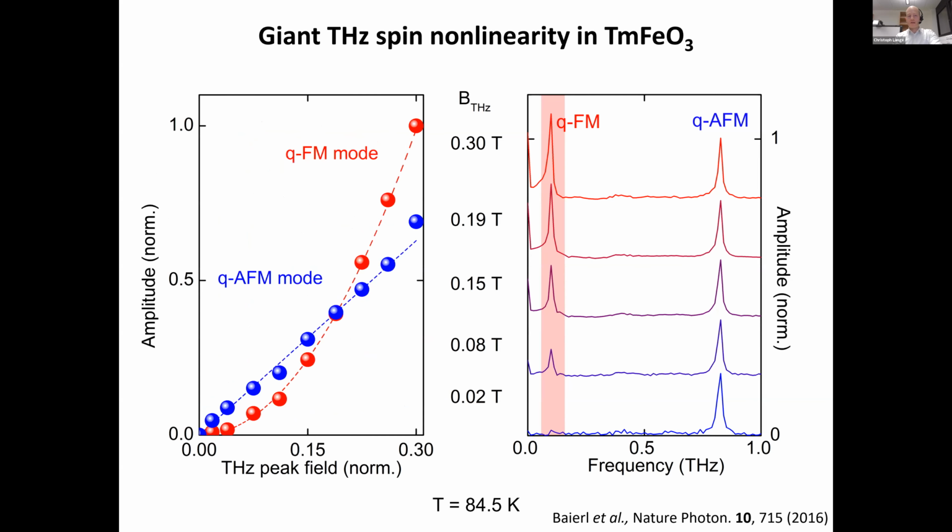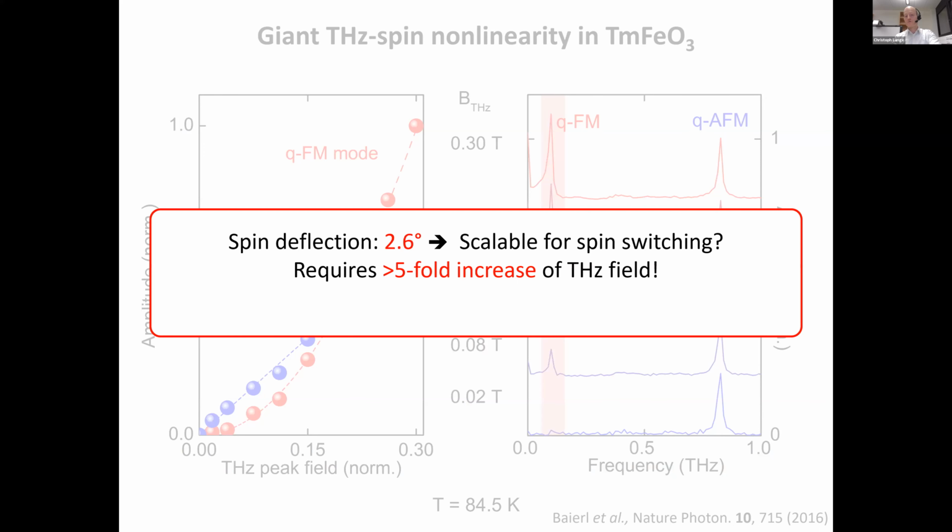And also the scaling of this mode, which is the one here in red, with the incident field is quadratic rather than linear. So this is also confirming its nature being dipolar electric transitions rather than the Zeeman interaction. So with this favorable scaling, it should be possible now to drive very large spin oscillations that ultimately are sufficient to lead to spin switching in this material.